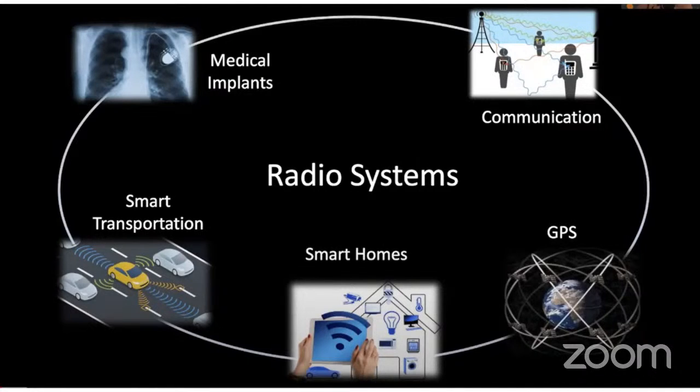So the only way to communicate that information is through wireless, which is radio systems. We call it radio. Radio is not like a radio that we are using to listen to radio. Radio here means electromagnetic waves, or the data that travels in free space.